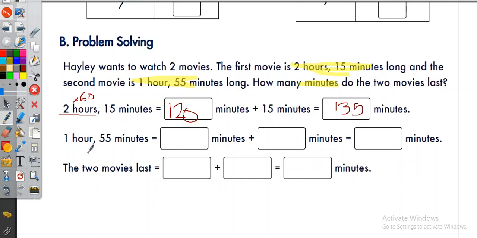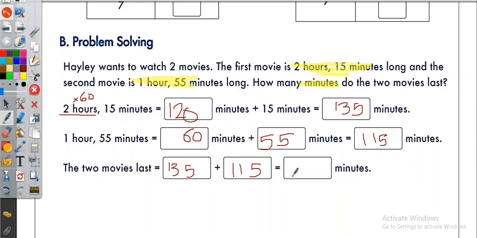The second one is 1 hour 55 minutes, which is 60 minutes for the hour and the 55 minutes stay as they are. Just add them, they will be 115 minutes. So add the 135, which is the first movie, to the second movie, which is 115.